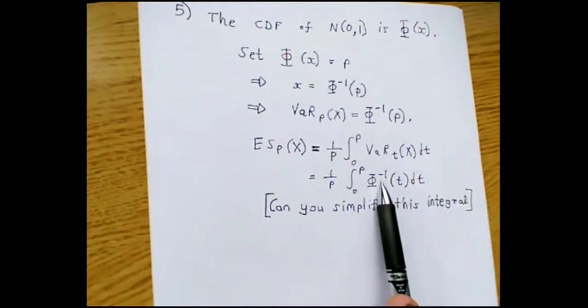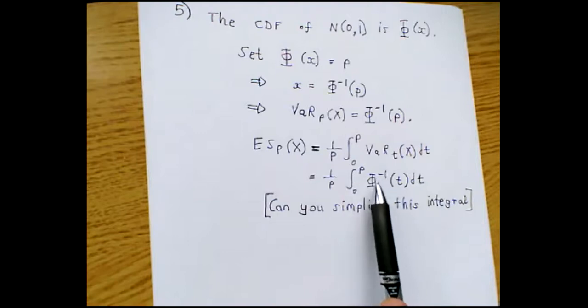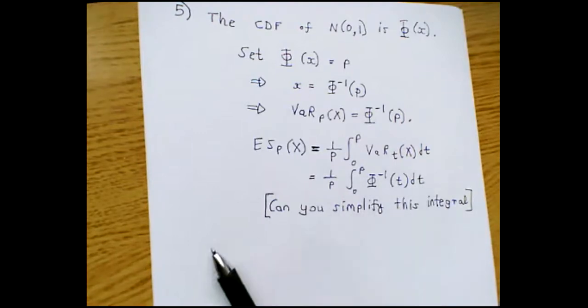So you have phi inverse. Phi is the CDF of the standard normal. Phi inverse is the inverse function of the CDF, at t, dt. It is possible to simplify this integral. So I just want you to see if you can do it by yourself before I show you.